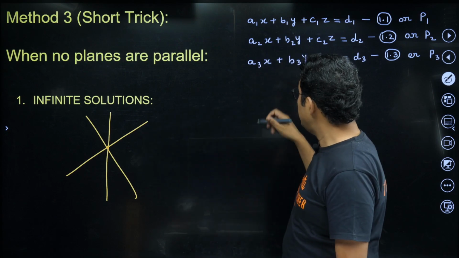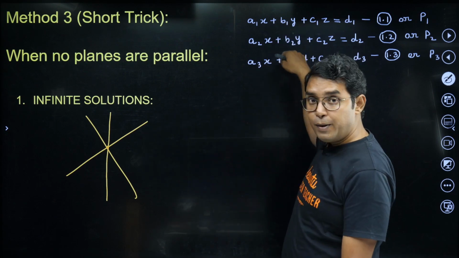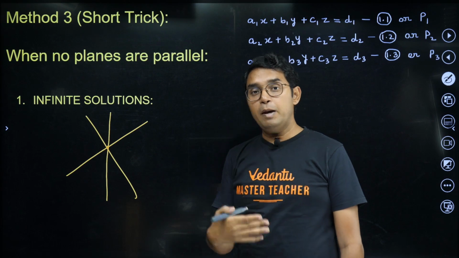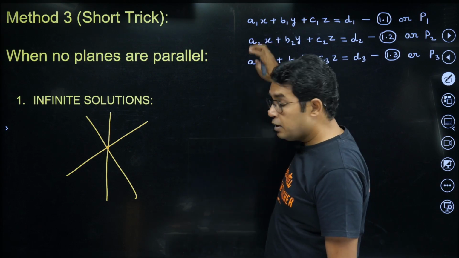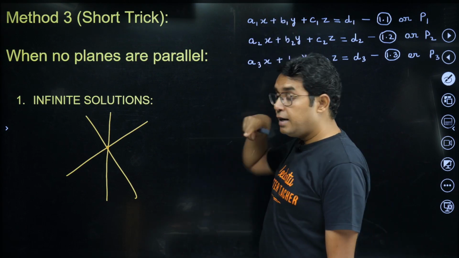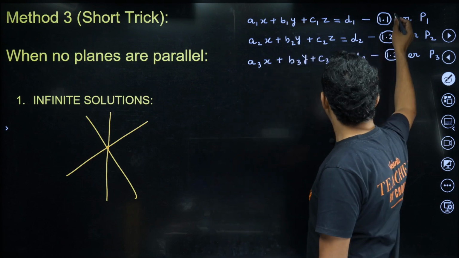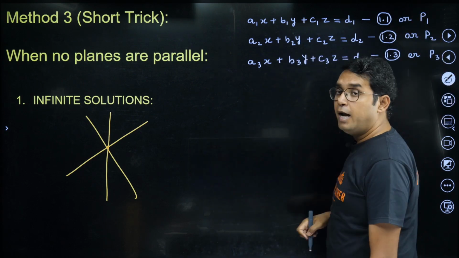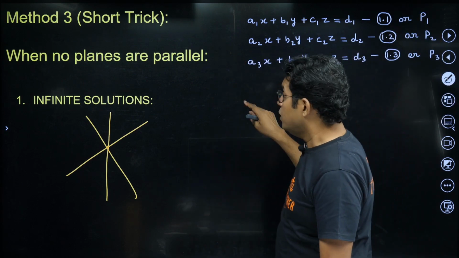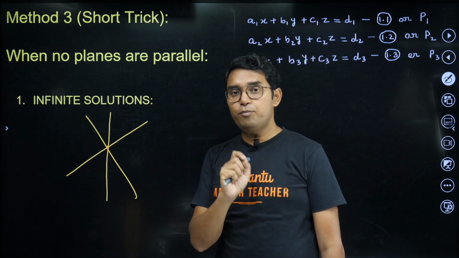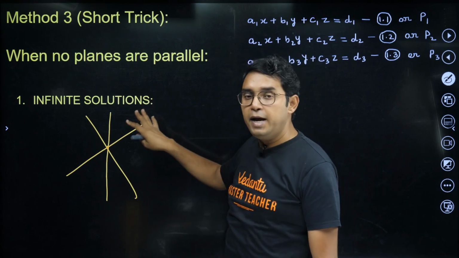So here you can see the third plane, or any one of the planes, is a member of the family of planes that have a common line of intersection, maybe the line of intersection of planes P1 and P2. So here I will use the family of planes concept to find these solutions.